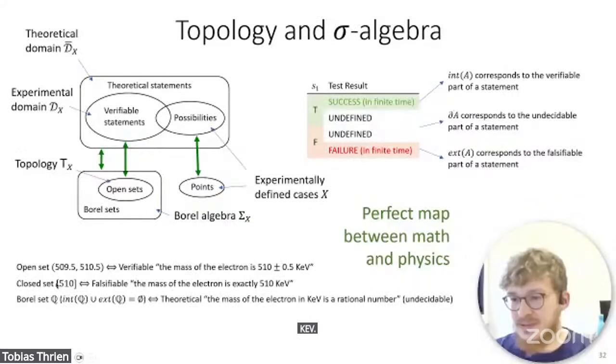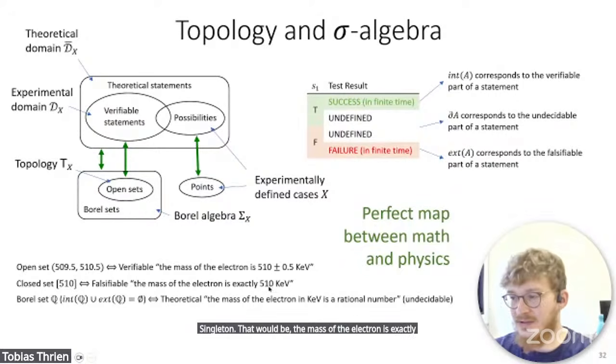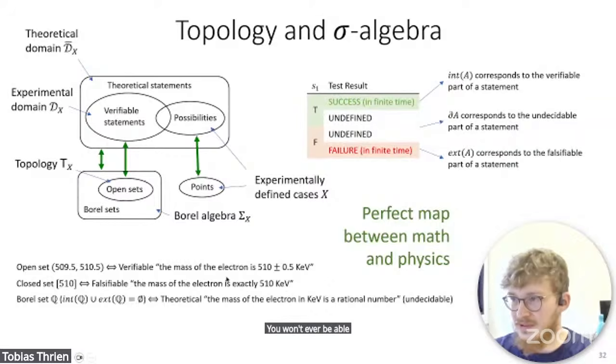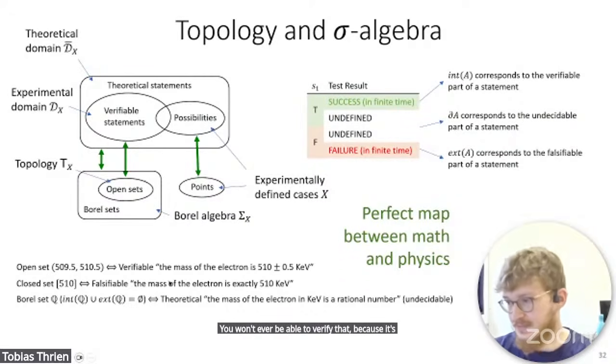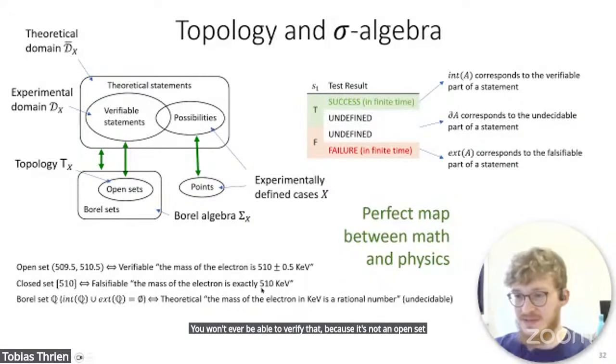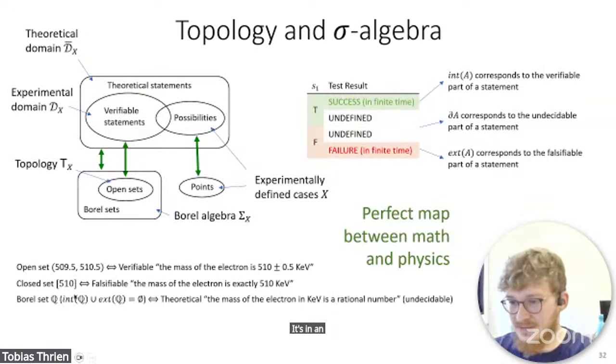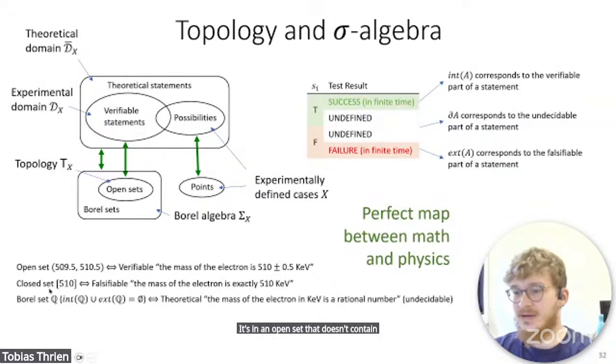But if you take a closed set, or basically a singleton, that would be the mass of the electron is exactly 510 keV. You won't ever be able to verify that because it's not an open set, but you can falsify it by basically verifying that it's in an open set that doesn't contain 510, right?